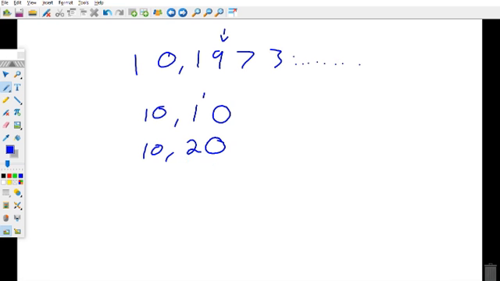Yes. The answer is 10.1. Okay, but if the answer was just 10.1, how many decimal places is that? And the 1, 2, 3, that is 0.